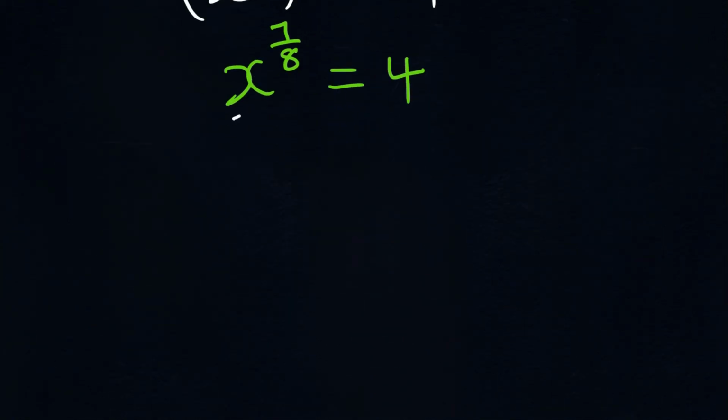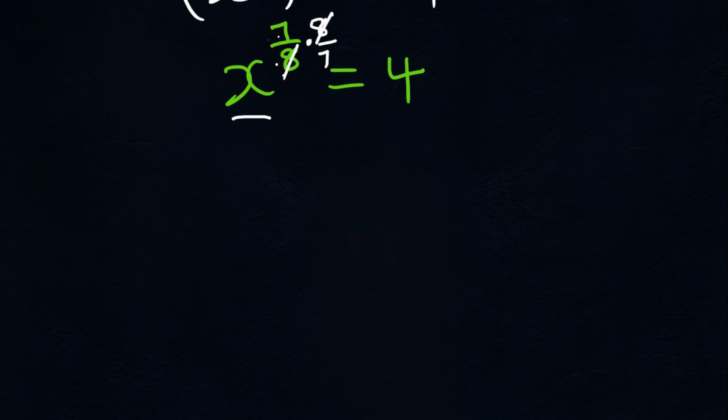So since we are looking for the value of x, we're going to multiply the left hand side and the right hand side with the exponent which is the reciprocal of the exponent of x. So the exponent of x is 7 over 8, and therefore it has to be multiplied with 8 over 7. In other words, the numerator became the denominator and the denominator became the numerator. We do that in order for us to get rid of our fractional exponent.